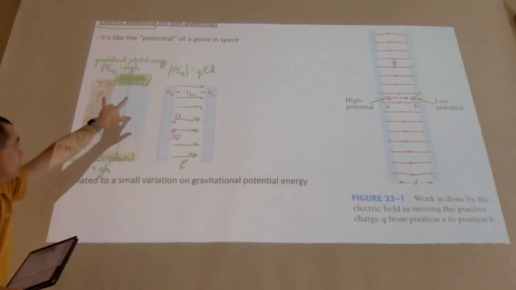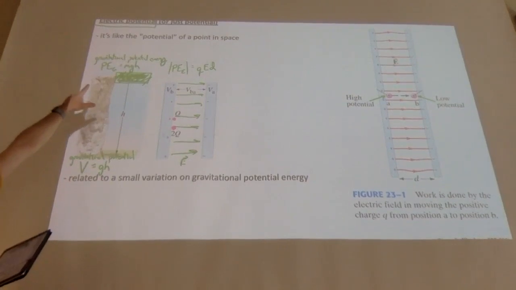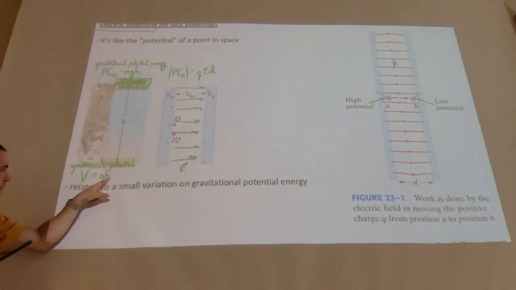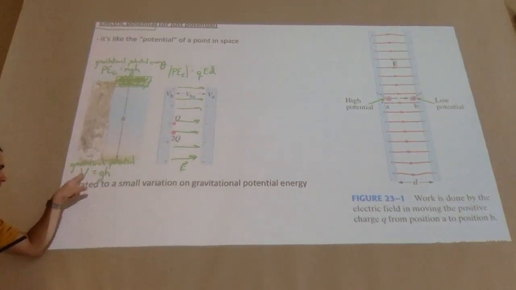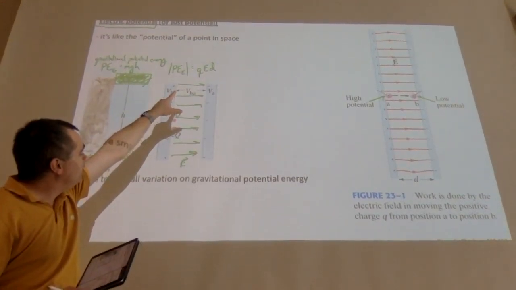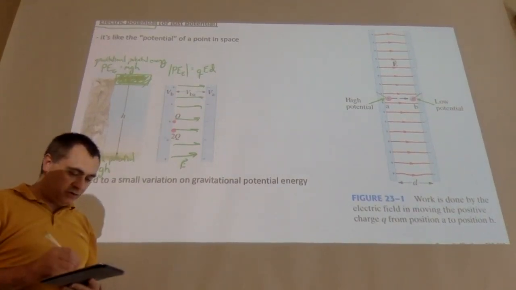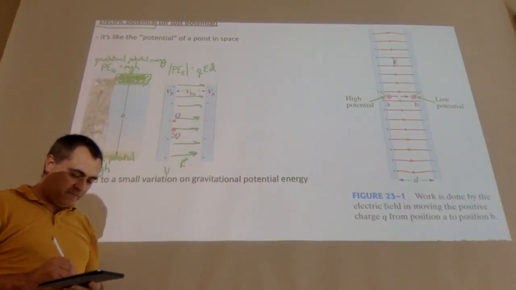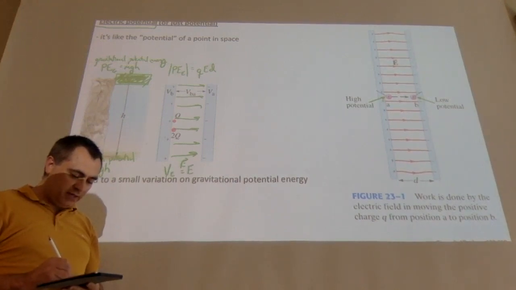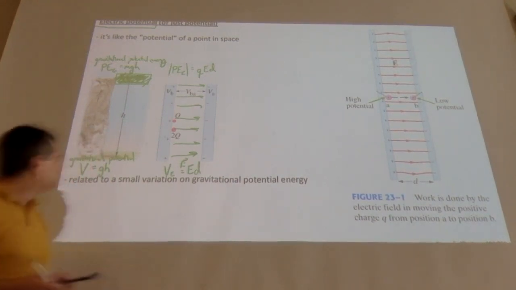So notice the way these equations are working out. Here I said, okay, remove the mass, and then I can say that this location above the ground inside of gravity has potential. Look at this equation. I can say that if I take out the charge, so let's do that down here, V sub E just equals E times D.